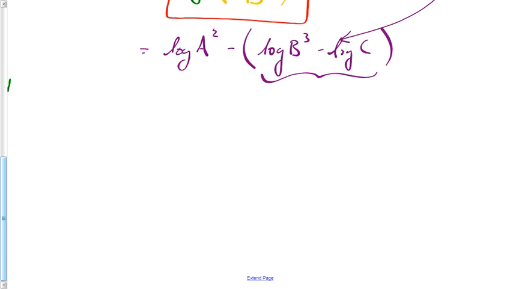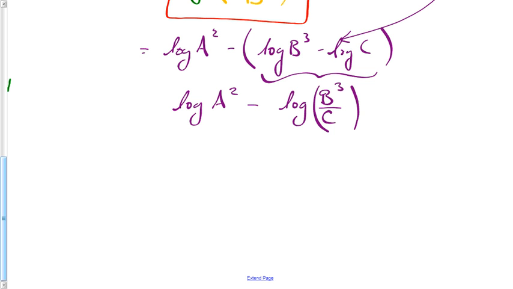Then inside these brackets, because I'm subtracting, I can write it as a quotient, so log of b cubed over c. Because remember, a logarithm is an exponent. When we're subtracting exponents, it's because we are dividing these powers. That's all being subtracted from log of a squared.